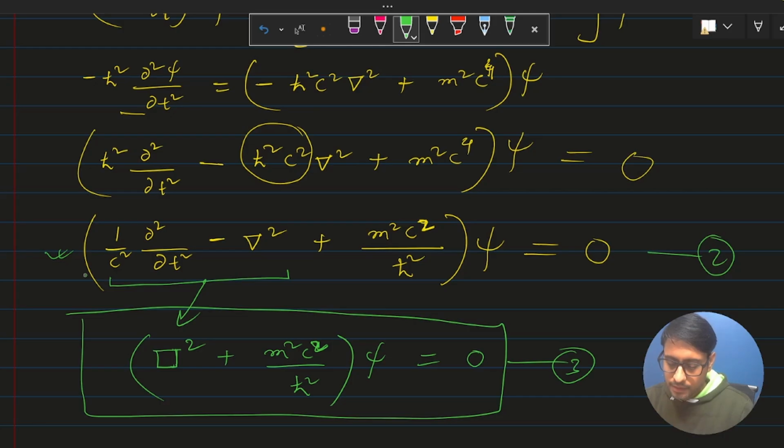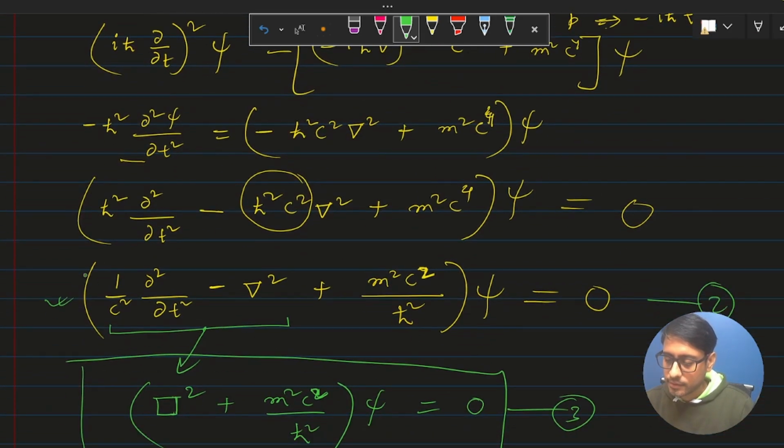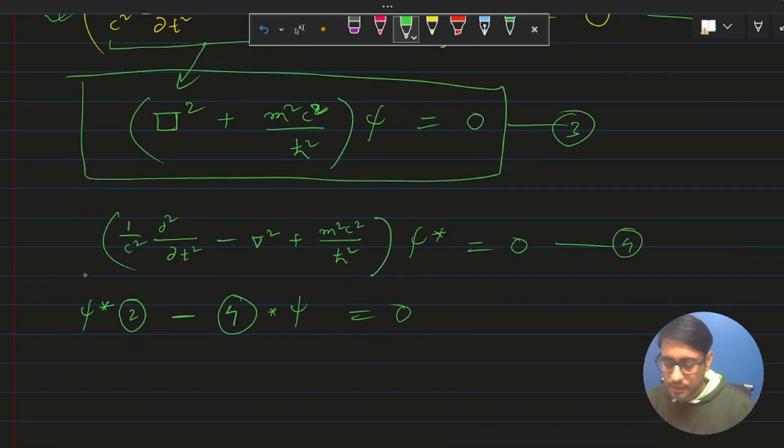If I multiply this from the left hand side, better I think I should write it collectively, then it will be better.